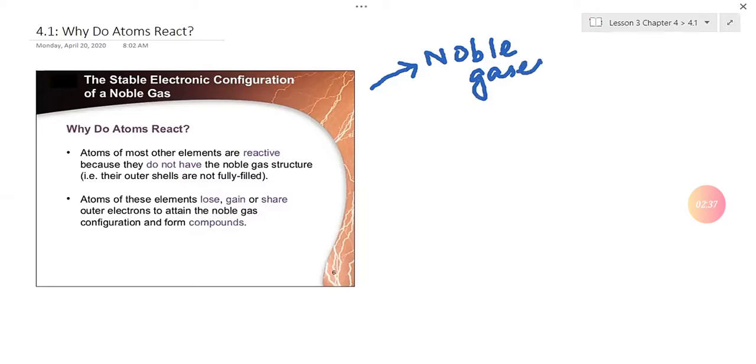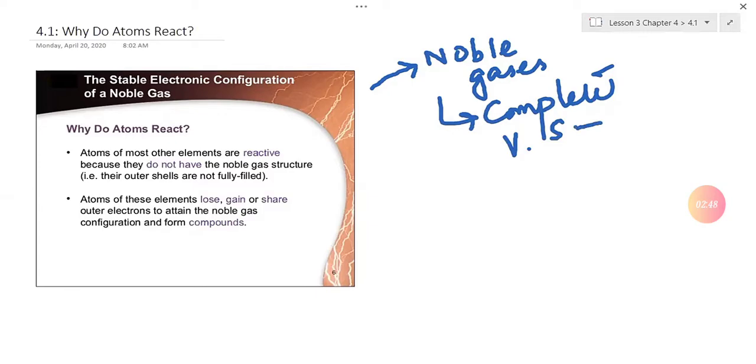The noble gases have a complete outermost shell. Their outermost shell is complete by having 8 or 2 electrons in the last shell.